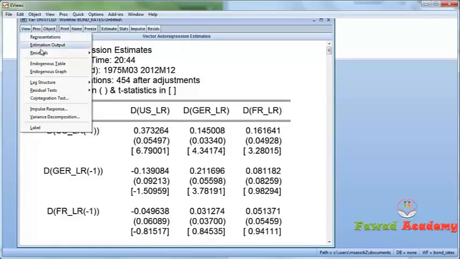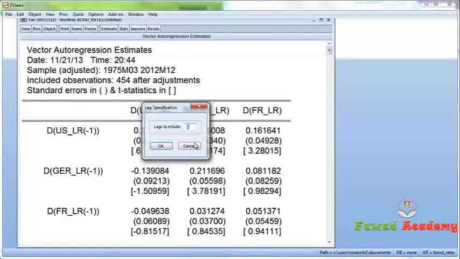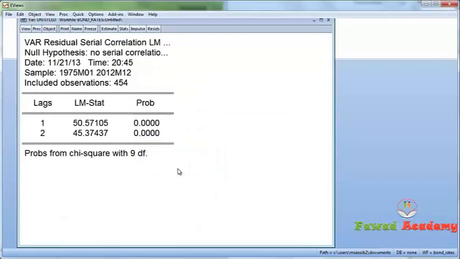So we'll go to View, Residual Tests, Autocorrelation LM Test, and let's use lags of 2. So what we get here is 2 tests. This first test tells us whether the first order autocorrelation is significant, and this test tells us whether the second order autocorrelation is significant.